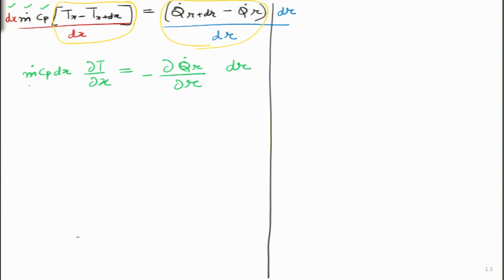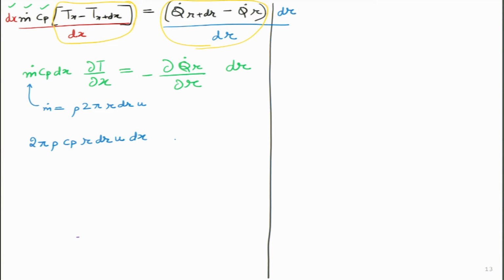Now, I will substitute over here the value of m dot, which we already had as rho 2 pi r dr into u. Okay. And what I get is 2 pi rho Cp r dr u dx.